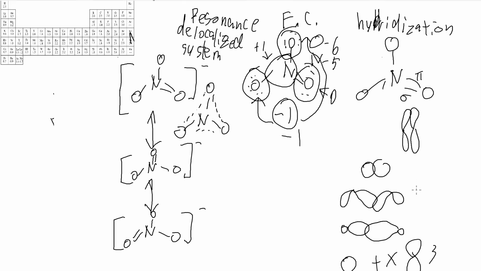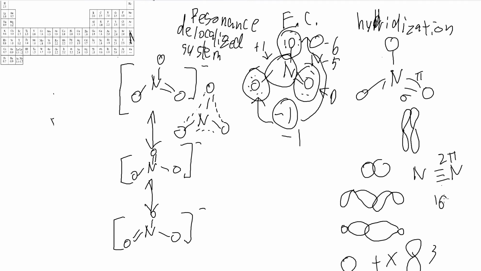So this is what an sp3, sp2, and sp look like. And these leave different amounts of p orbitals unreacted so that they can form pi bonds. And depending on how many p orbitals you leave, you can have different amounts of pi bonds. So if you have the example of nitrogen, this has 2 pi bonds and 1 sigma bond.